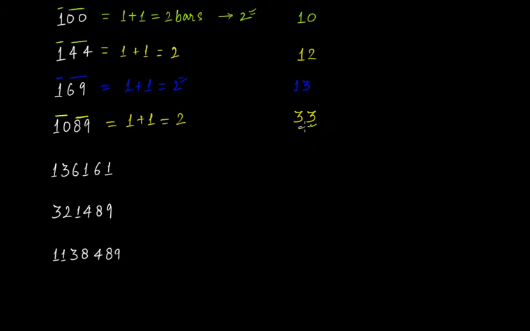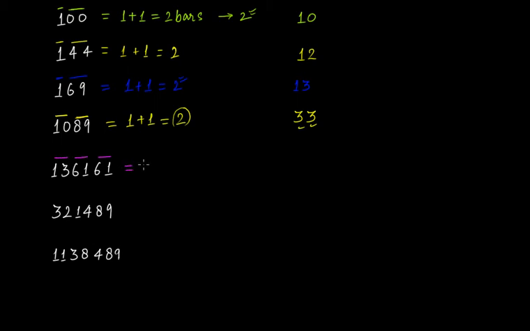Again, we have 2 digits, so we can see that this 2 is telling the number of digits that will be present in the square root of this number, and that is clear from this number. Same, if you take this number and start making pairs, a bar on the first pair, another bar on this pair, and another bar on this pair.